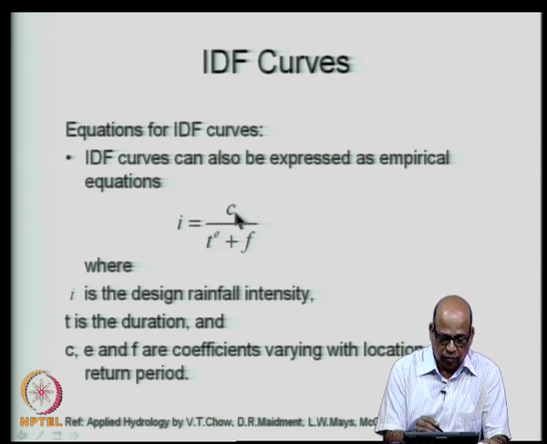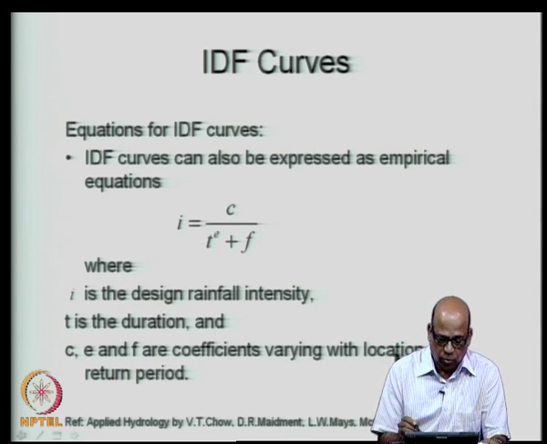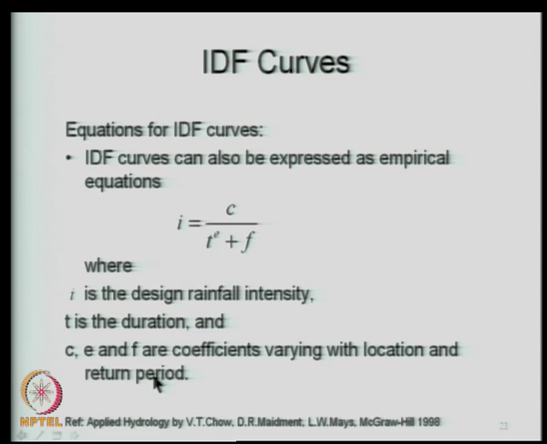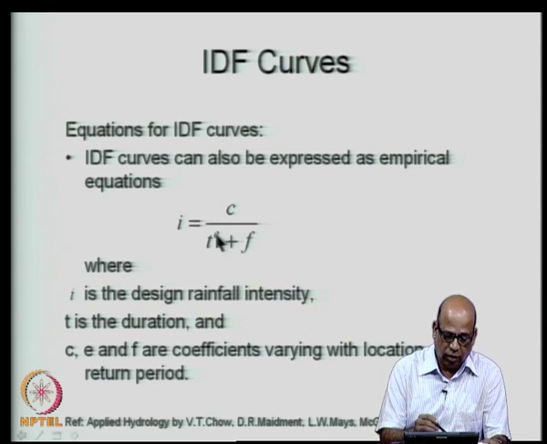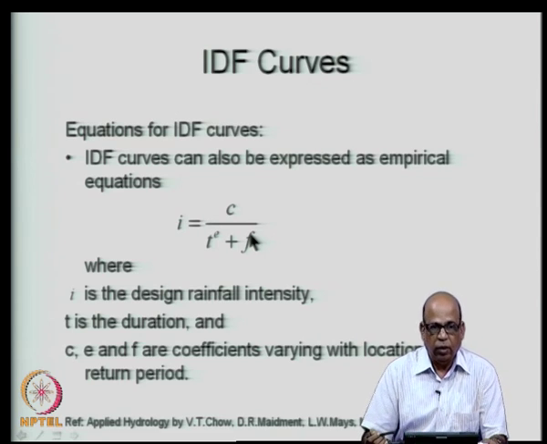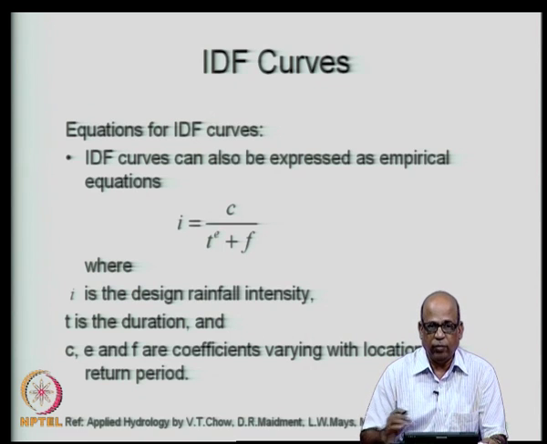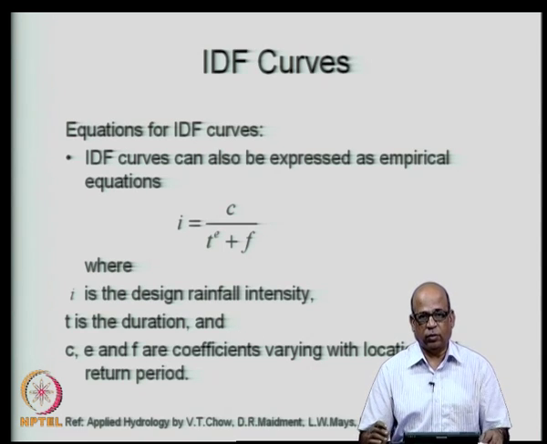These constants C, E and F typically vary with location and the return period. So, for various return periods and for different locations, these constants must be available, and for several locations they are in fact made available by many previous researchers.